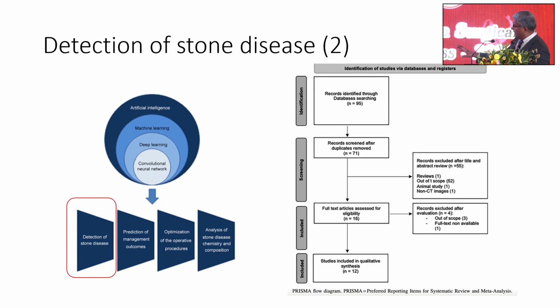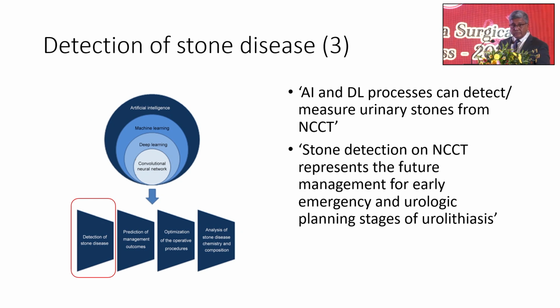There are a number of studies which look into this and give you the percentage prediction of whether, if somebody comes in, has a scan without human intervention, and a surgeon looks at the results of the scan, the data that is presented to it can detect stones.